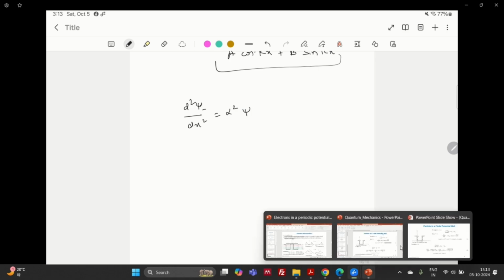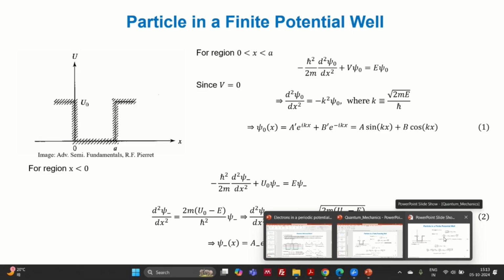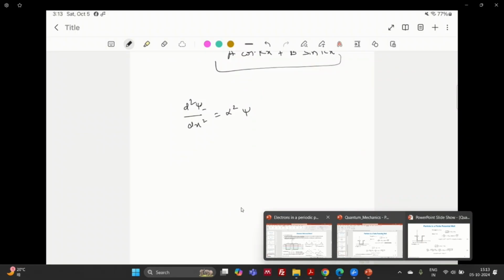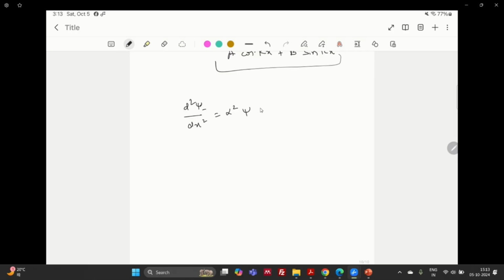We have this d2 psi minus by dx square is equal to alpha square psi minus. Okay, let me now divide this operator like this.